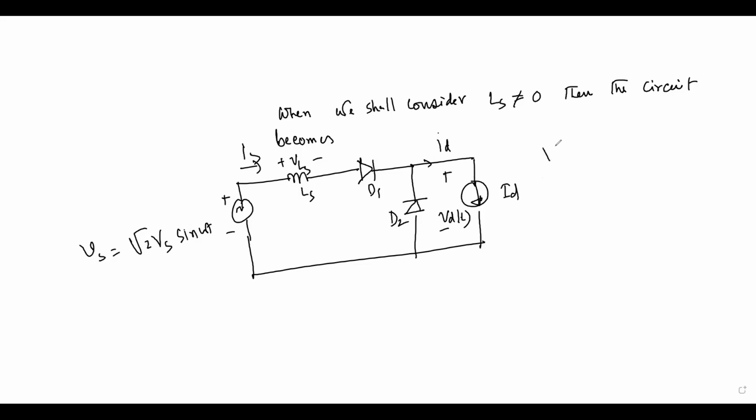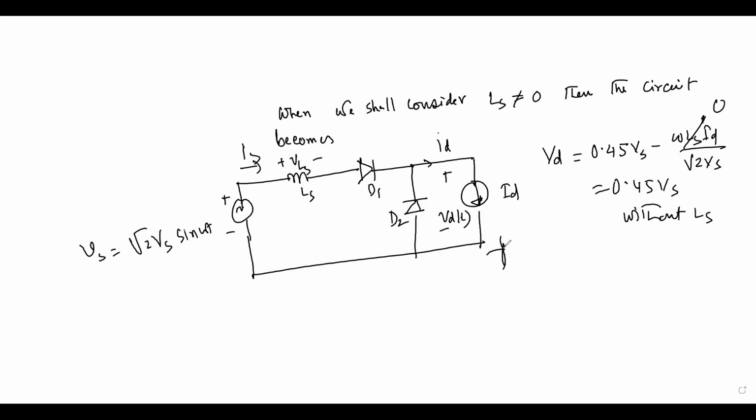And for the previous case, whatever that time Ls was 0. Previous case I write this one, right? 0.45 Vs minus omega Ls ID divided by root 2 Vs. My previous case when Ls was 0, so it should be 0.45 Vs without Ls.